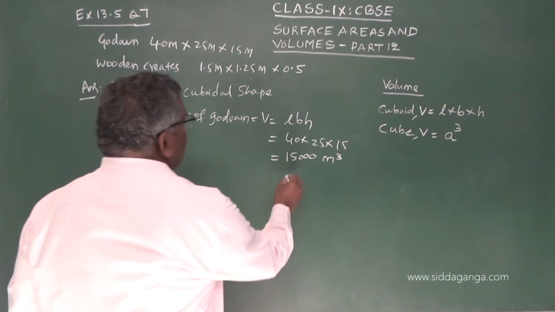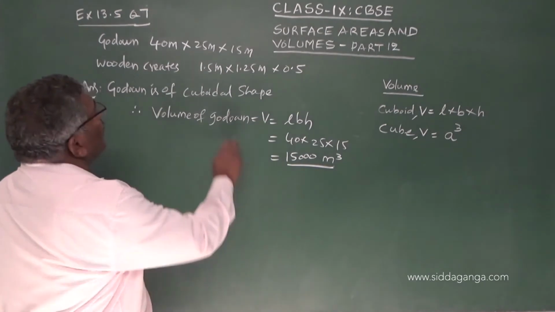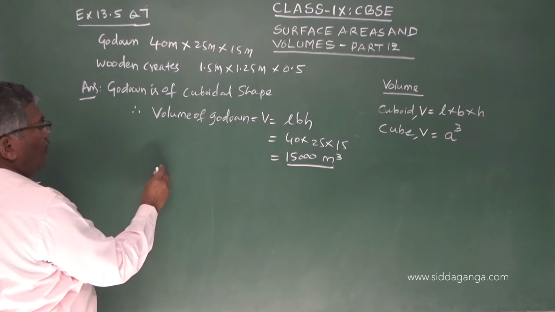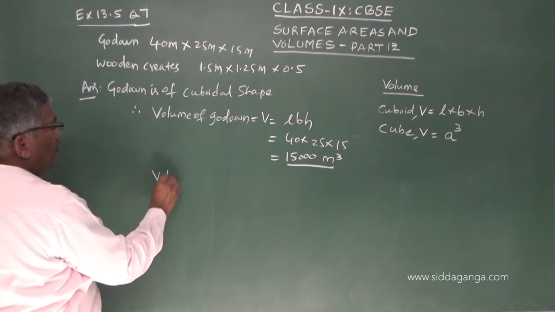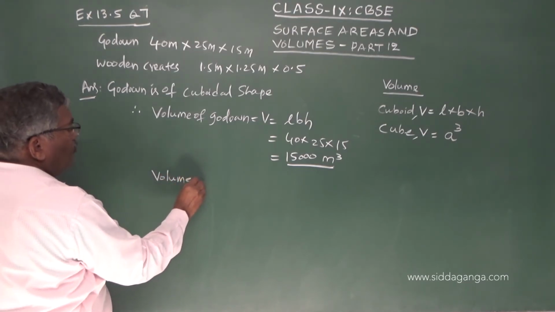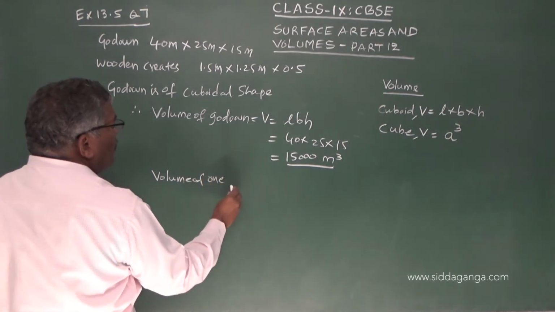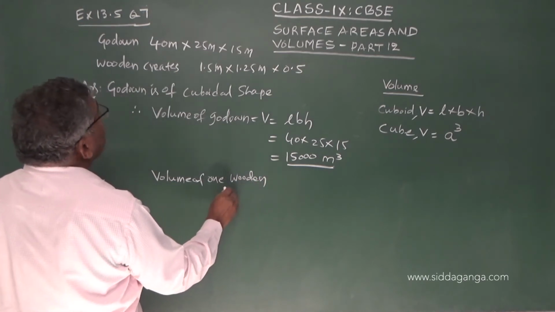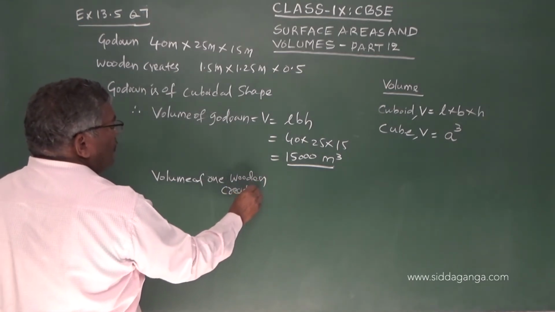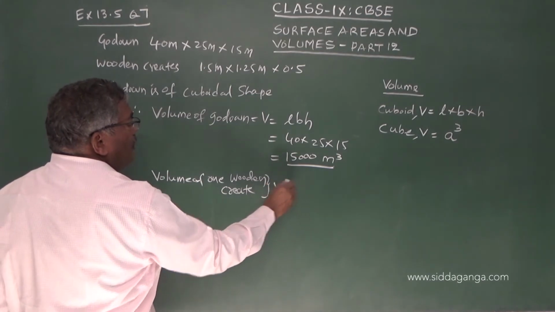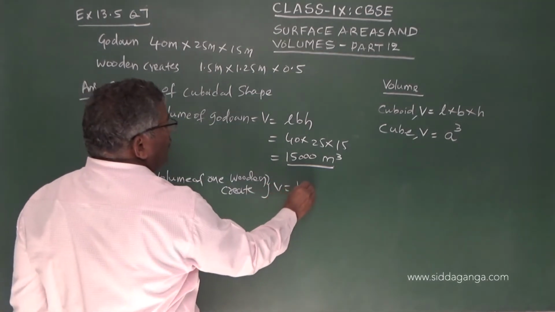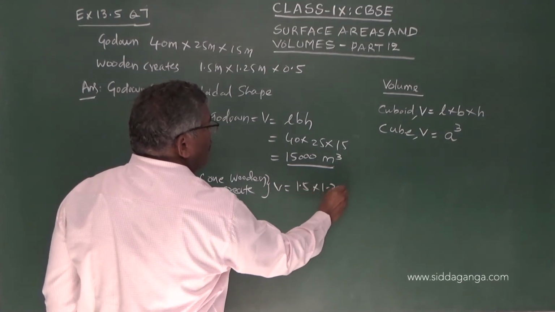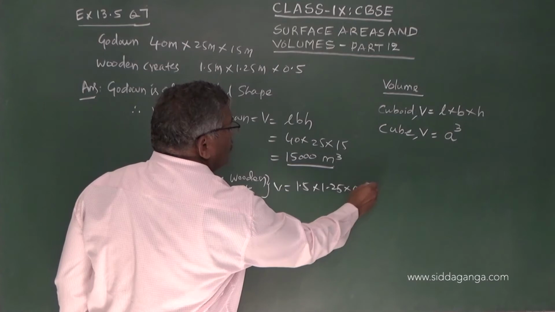Now this is one side. So calculate the volume of one wooden crate. V equals 1.5 into 1.25 into 0.5.